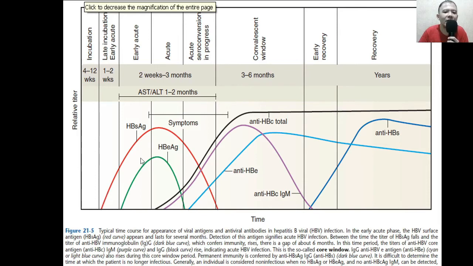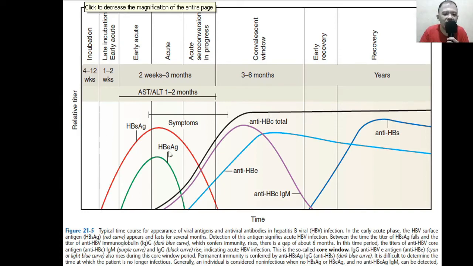It's just that the level of the antigen goes higher compared to the antibodies. At the later part, you have the antibodies seen in the graph, which means the antigen is way lower compared to the antibody. So there's a cancellation between the antigen and the antibody.